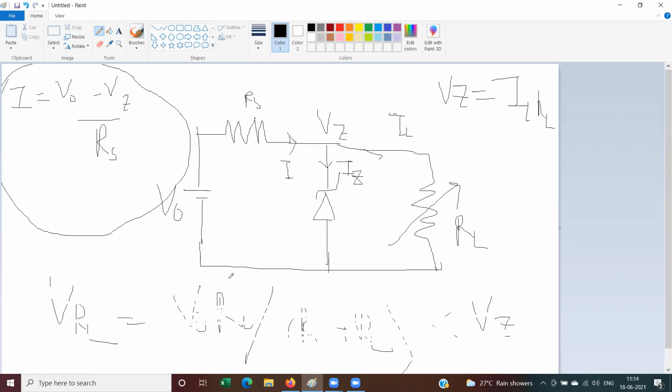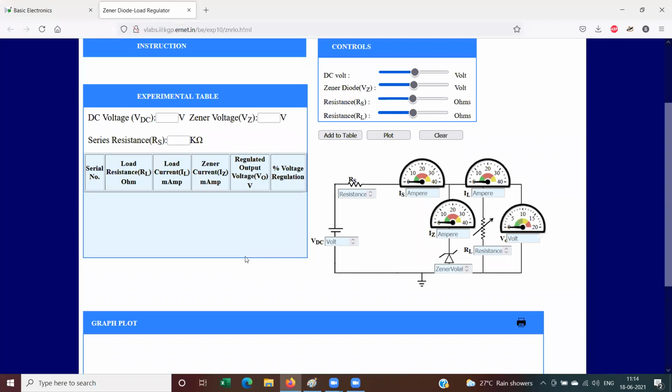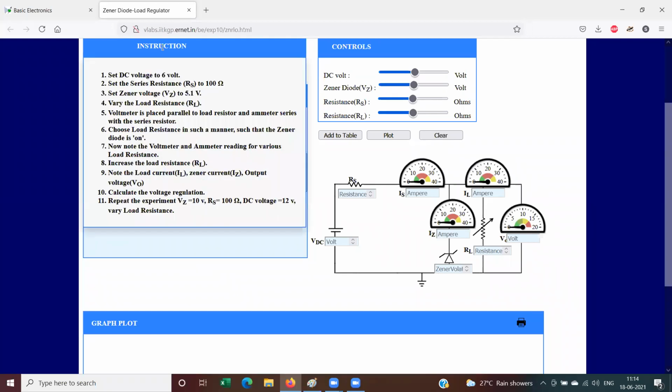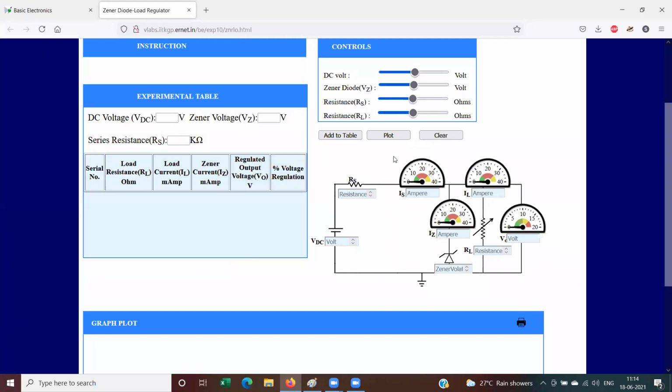Yes, sir. Let us verify. So let us follow the instructions as we do. Set VDC to 6 volt. Okay.